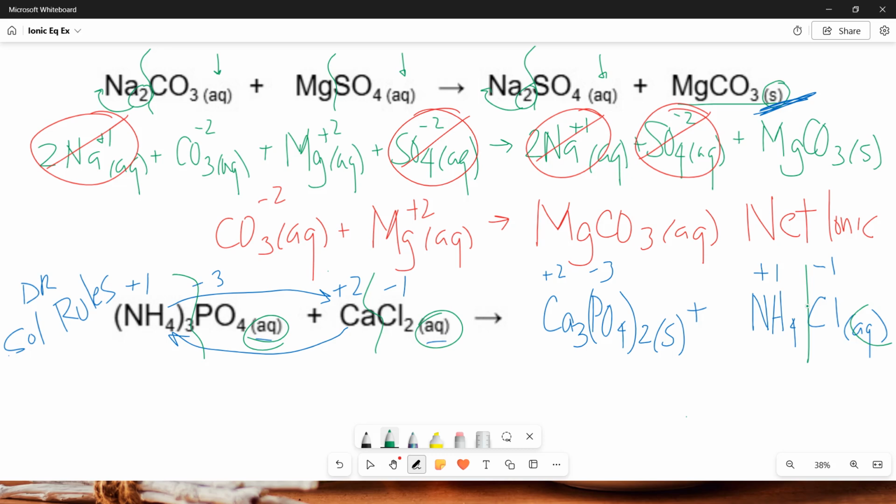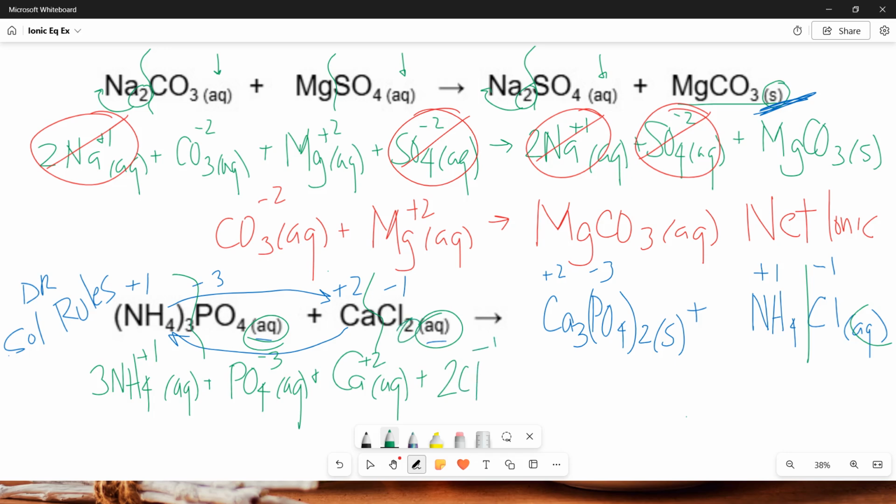So I'm going to have 3 ammoniums, aqueous, and 1 phosphate with a -3 charge, aqueous, plus 1 calcium cation, aqueous, plus 2 chlorides. I bring that 2 up with a -1 charge. And then I'm going to leave the solid intact. That's important. It does not break apart in the equation.